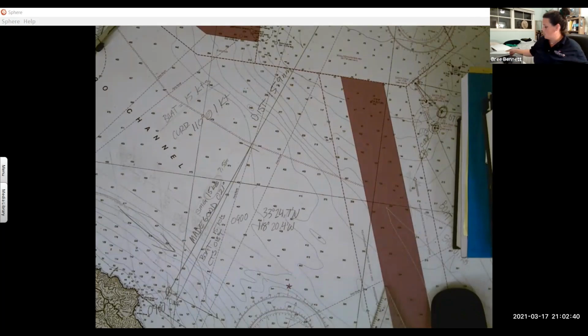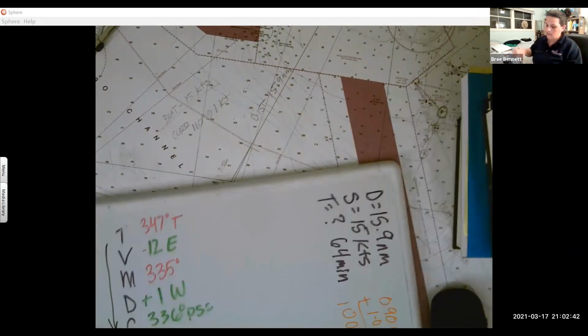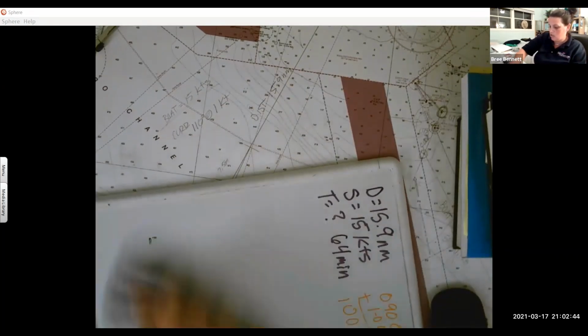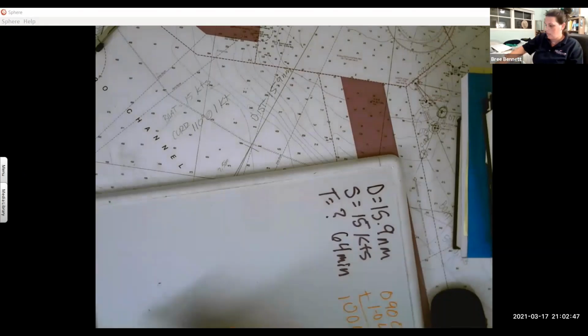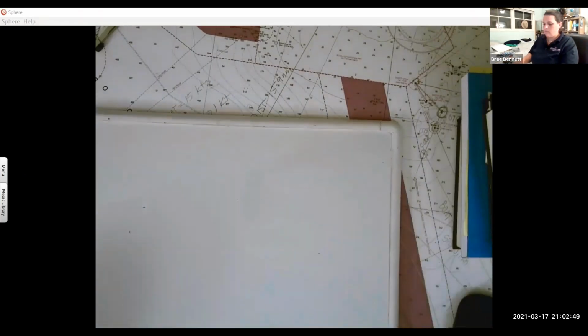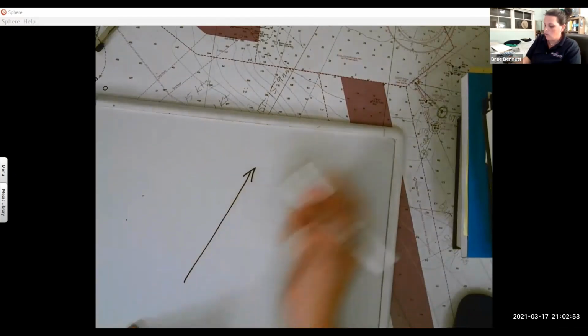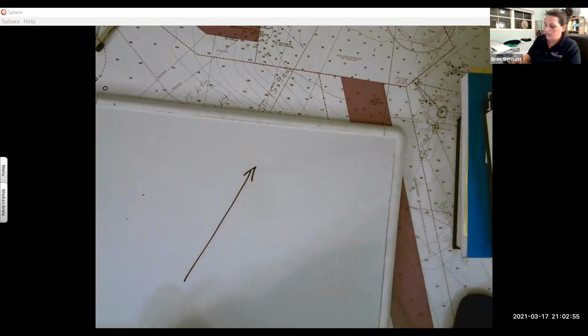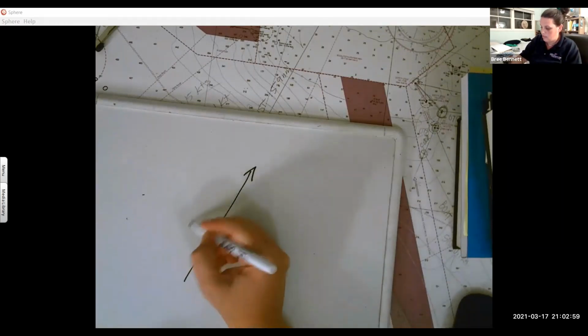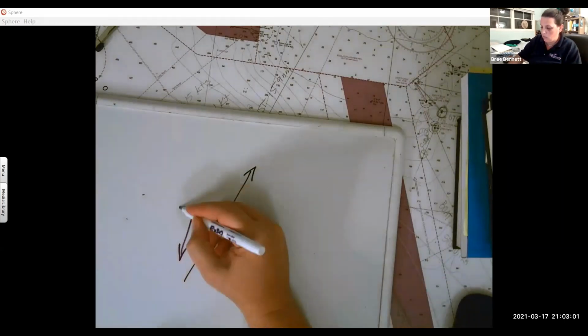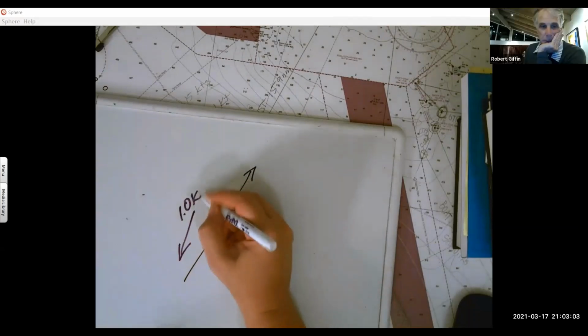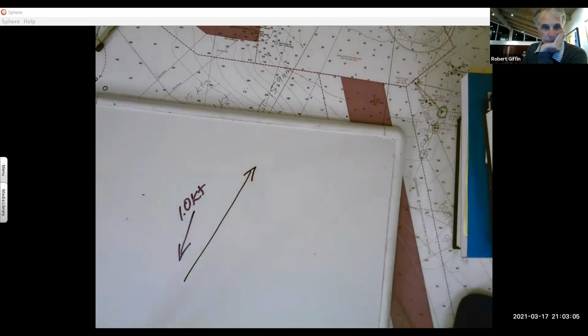So let's do a triangle, exaggerated. So if we think we're going along and we have the current coming this way at 1 knot. Yeah, just keep it simple, right?